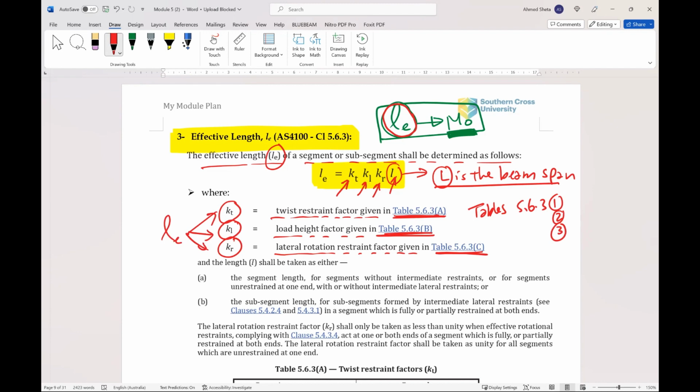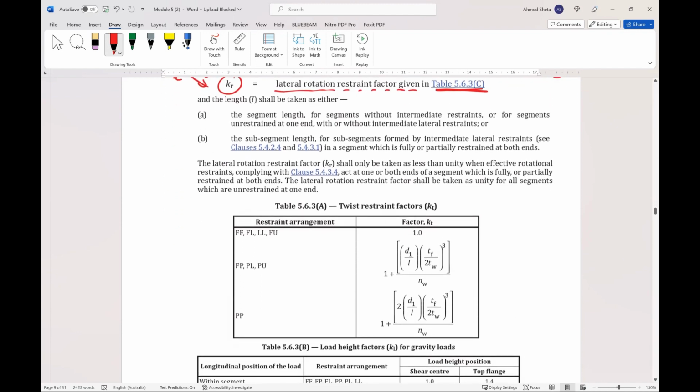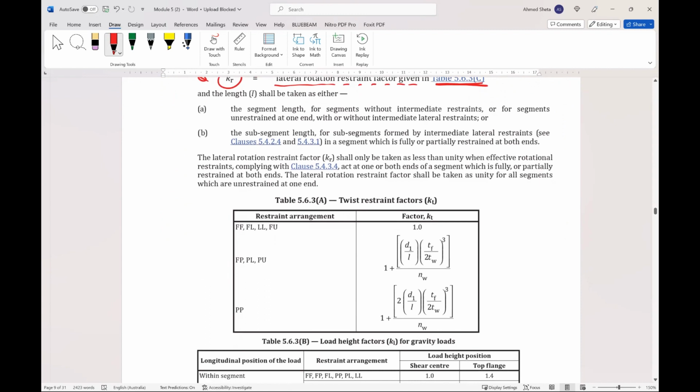So if we go to the factors here, the twist restraint factor KT, for FF, FL, LL, FU. These symbols are explained in the beginning of the lectures for the restraint of the supports.